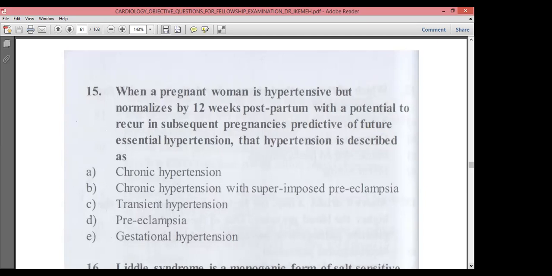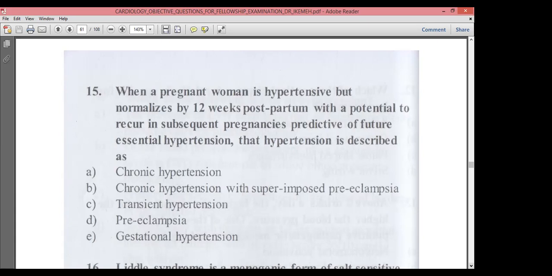The American College of Obstetricians and Gynecologists came out with a new classification of hypertension in pregnancy, wherein there are 4 classes: preeclampsia, chronic hypertension, preeclampsia superimposed on chronic hypertension, and the last one is gestational hypertension or transient hypertension in pregnancy.